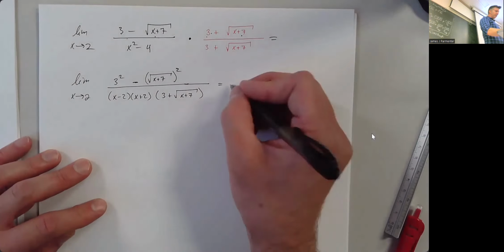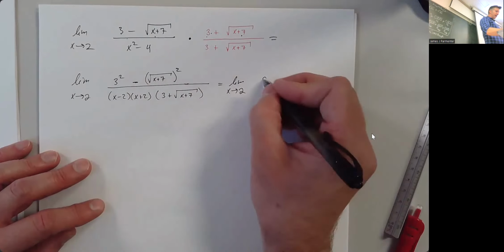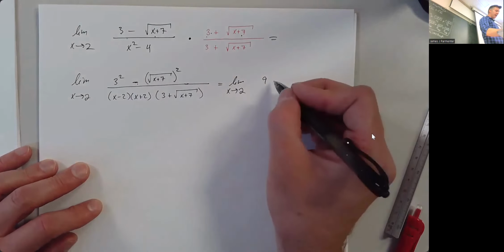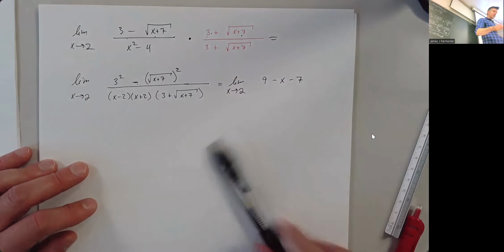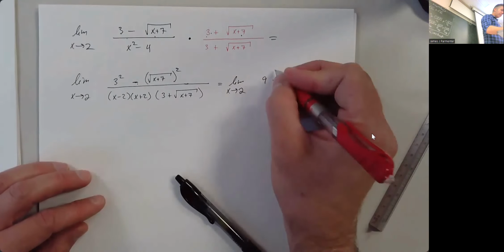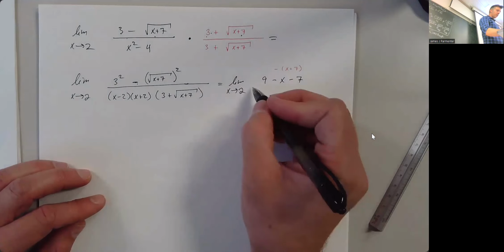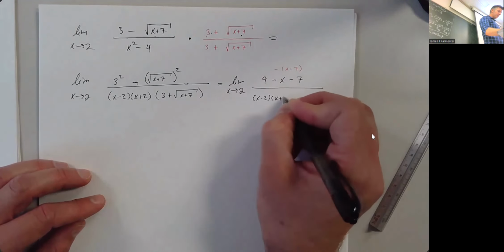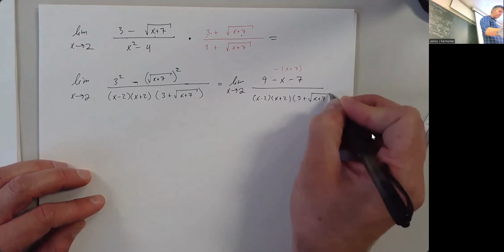So let's see, we've got the limit as x approaches 2. 3 squared is 9, minus all of x plus 7 is really minus x minus 7, because the minus sign would distribute to the x plus 7. Over, same thing, x minus 2 times x plus 2 times 3 plus the square root of x plus 7.